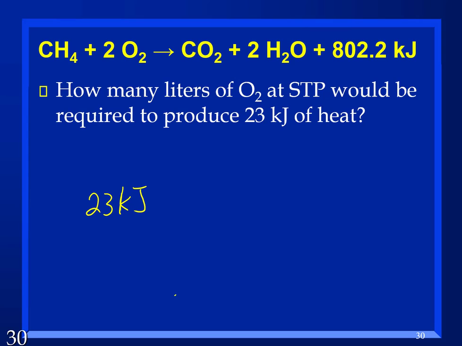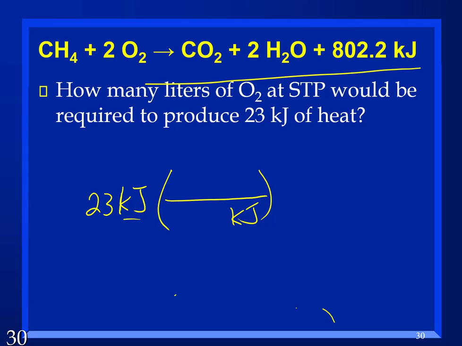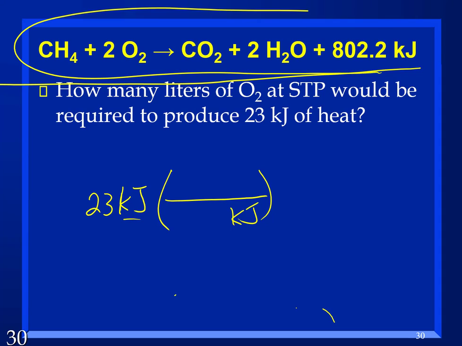What unit do I want to get rid of? Kilojoules. Because it says kilojoules here, kilojoules has to go on the bottom there. What can I turn kilojoules into? Because I have this equation, I can go to moles of anything in that equation. And since they asked me about O2, I'm going to turn it into moles of O2.